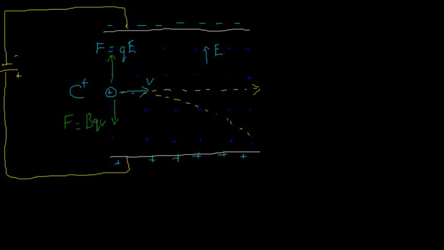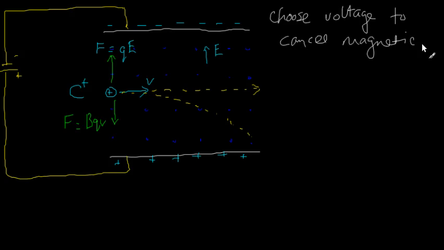If I do that, okay, let me write this down. It gets a bit abstract. I want to choose a voltage to cancel the magnetic force.